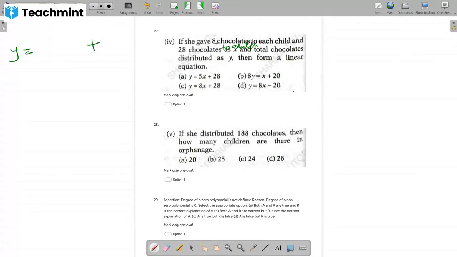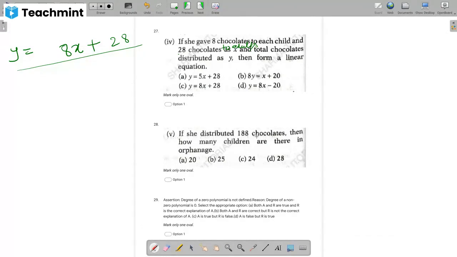Now she is giving 8 chocolates to each child, so the total chocolates given to the children will be 8 multiplied by x, plus she gave 28 chocolates to the adults. So this is the required equation: the total number of chocolates equals 8 multiplied by the number of children plus 28 chocolates given to the adults.